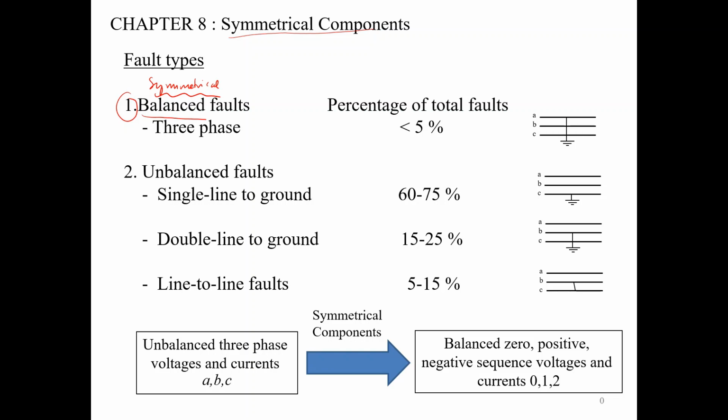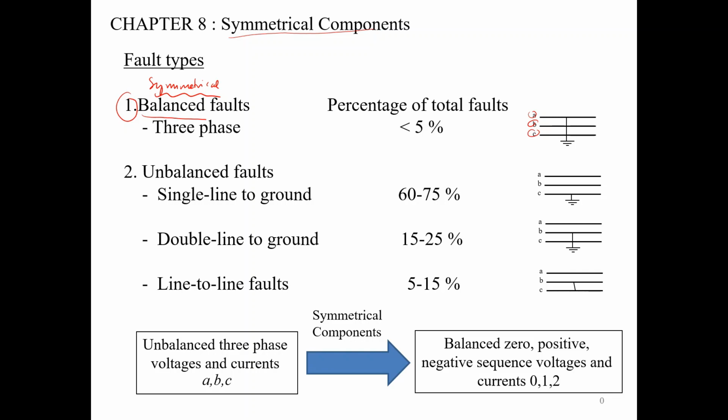Because the topology of the fault is symmetry. When we have the symmetrical fault, the phases A, B, and C experience the same kind of disturbance or short circuit to the ground.